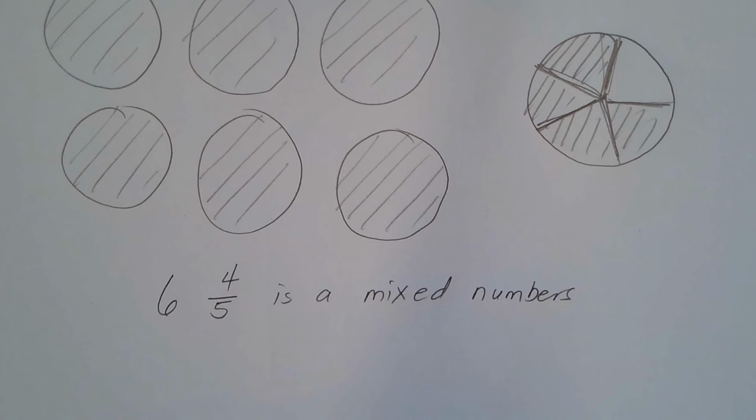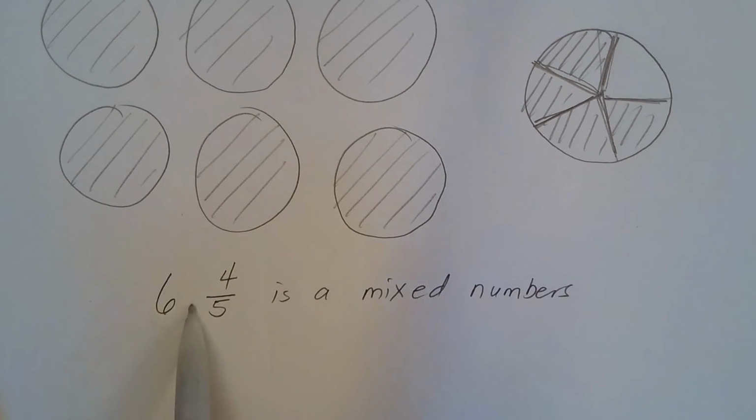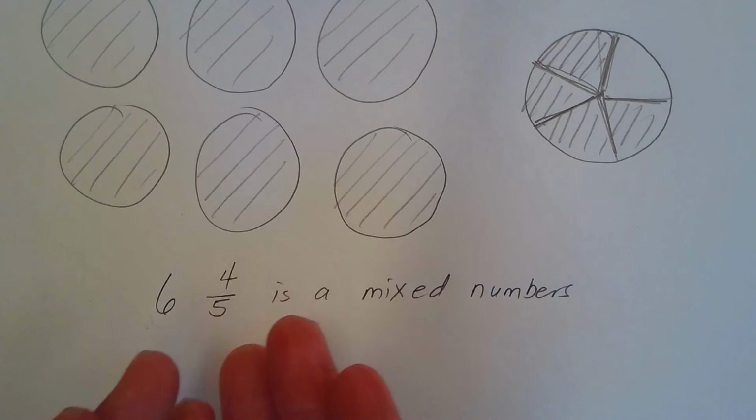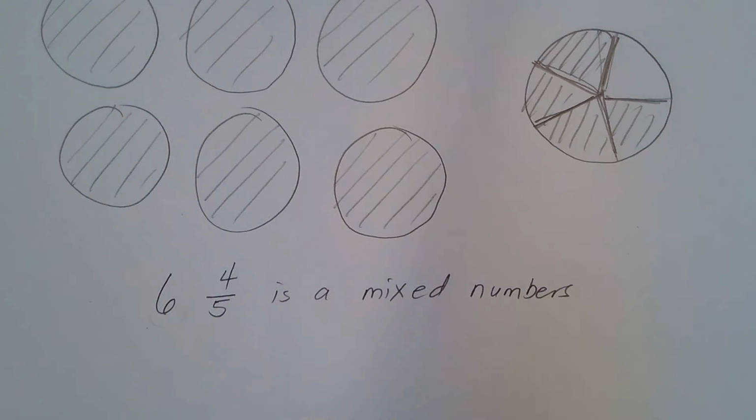The reason why it's called mixed is because you have a mixture of a whole number and a little bit of a fraction. So they go together.